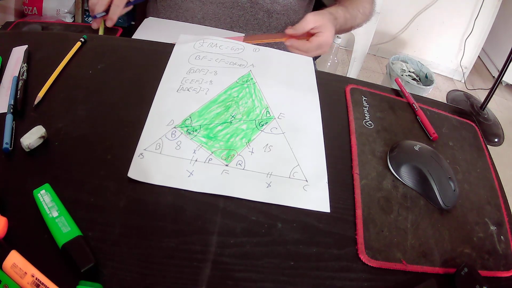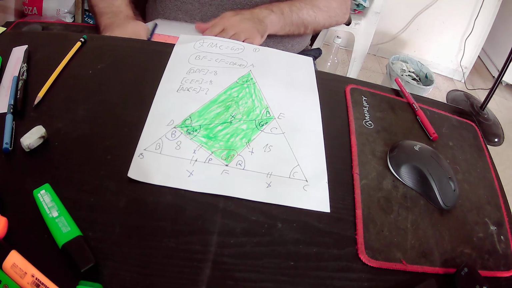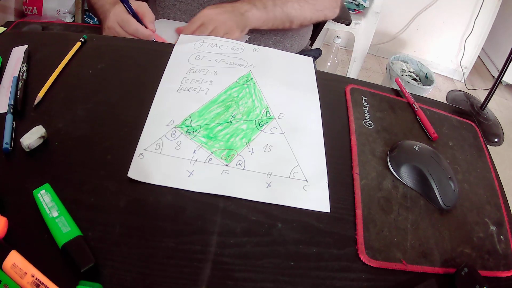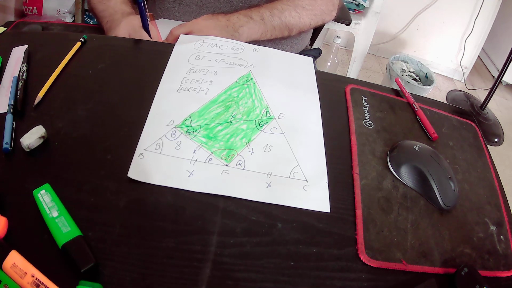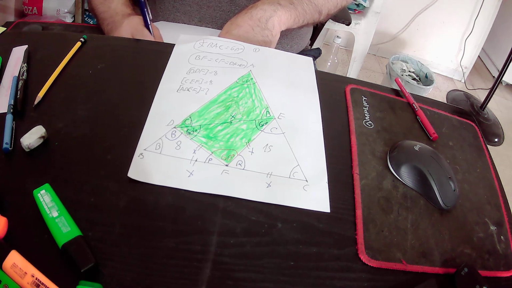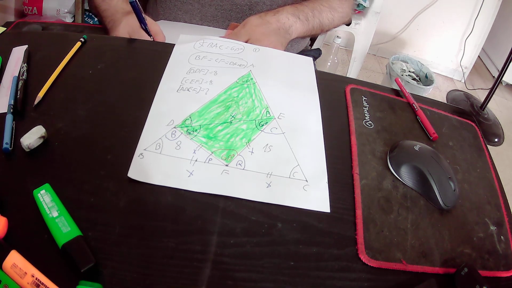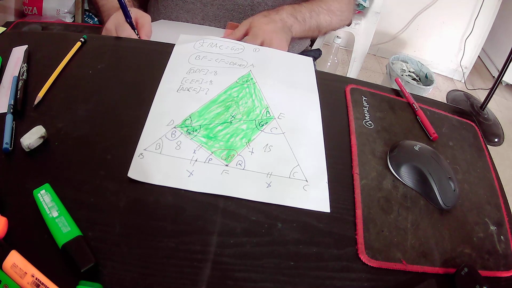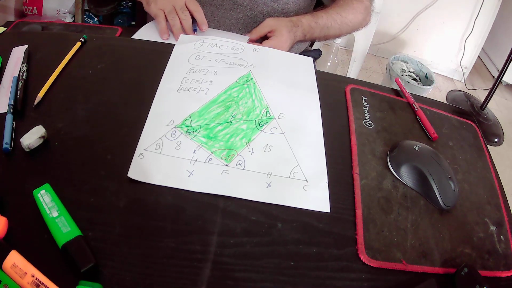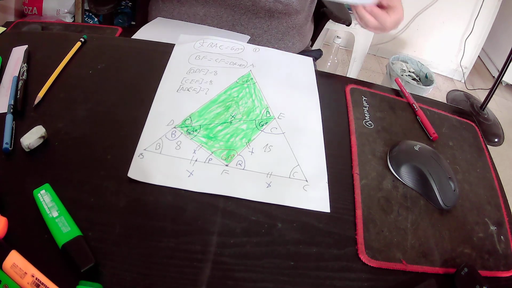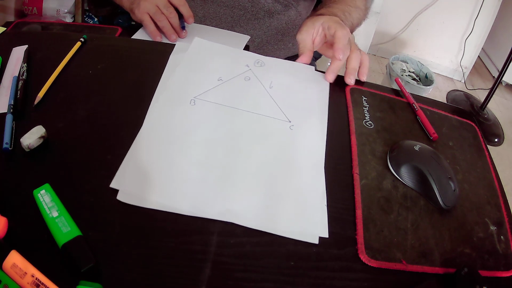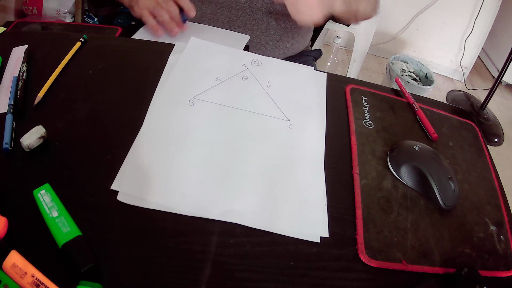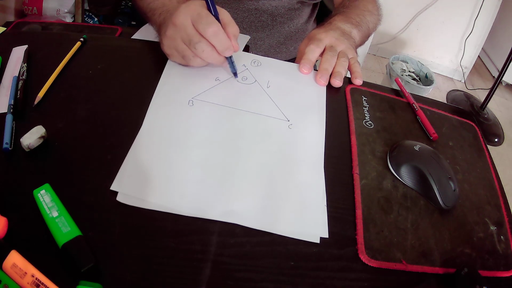So if we have triangle ABC, in this triangle ABC we know that the size of side AB is A and the size of side AC is B, and the angle between side AB and side AC of triangle ABC is theta.